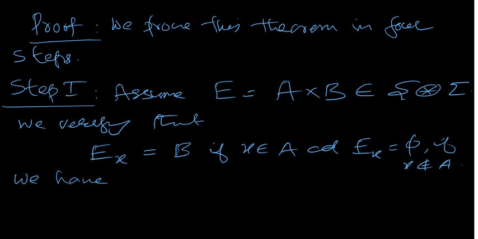You can easily check, or verify it geometrically as well, or verify it using the set theory inclusion property. We verify E x is a subset of B and B is a subset of E x in case x is in A.